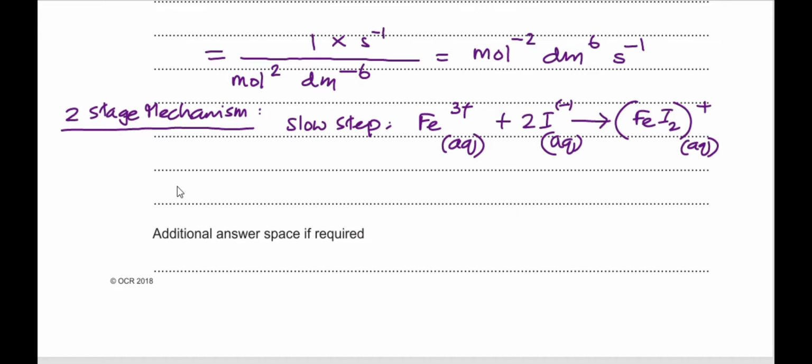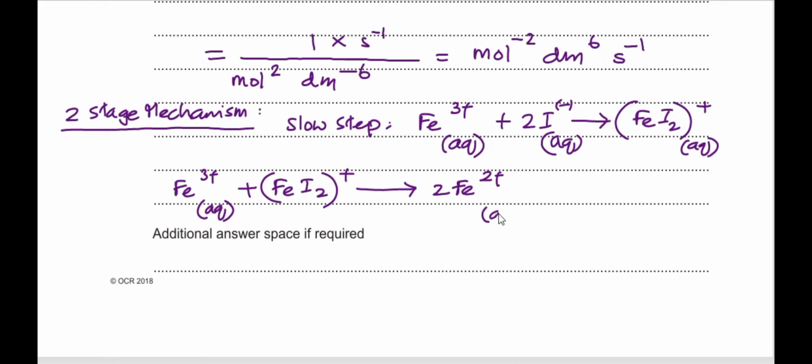This intermediary then will react with Fe3+ ions, giving the final 2 Fe2+ aqueous plus iodine aqueous, and make sure that it is balanced, and we will write this is slow step and this is fast step. It is balanced. Alright.